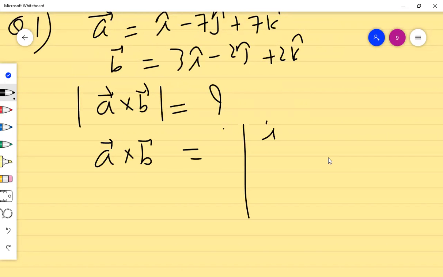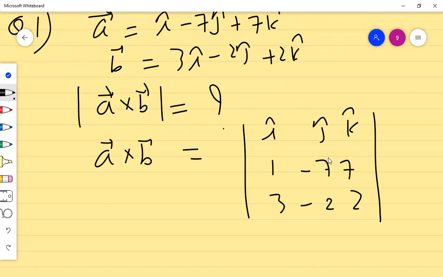Determinant of I, J, K, 1, minus 7, 7, 3, minus 2, 2.